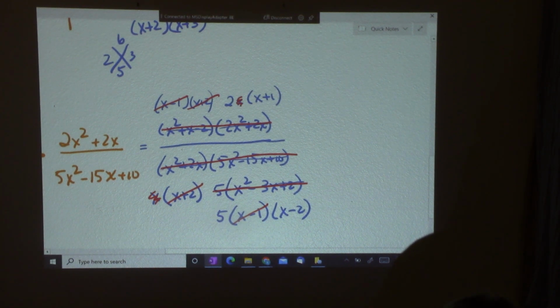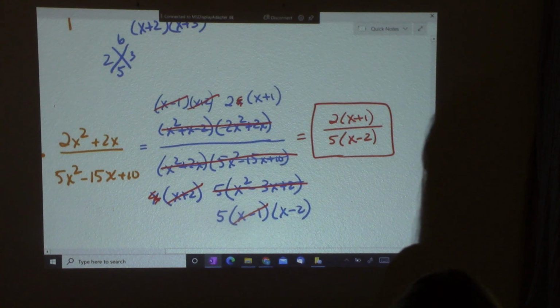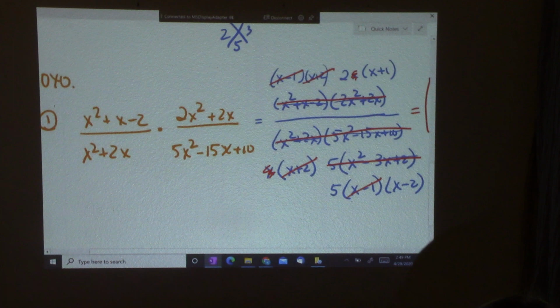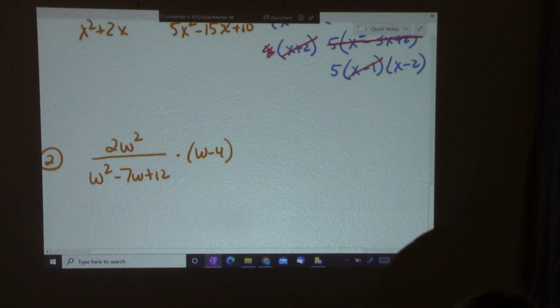So I'm just going to cross out the x's. How about x minus 1? No. How about down here? No? Okay, so that's it. 2 times x plus 1 over 5 times x minus 2. That is my answer.